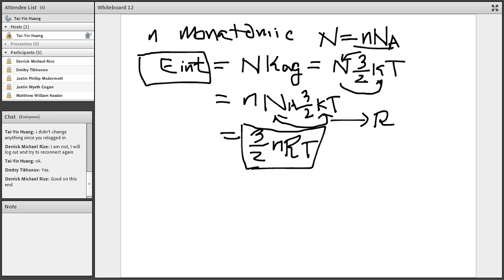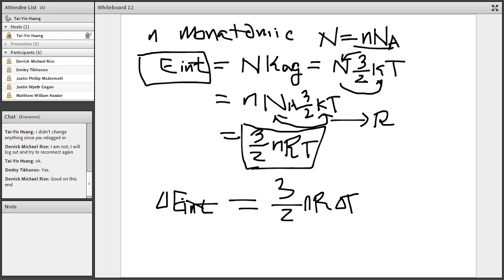So if this is the internal energy of the system, 3/2 n R T, then the change in internal energy would just be determined by the change in temperature. So you will have 3/2, and then you have your n, your R, and your delta T. That's an important result.